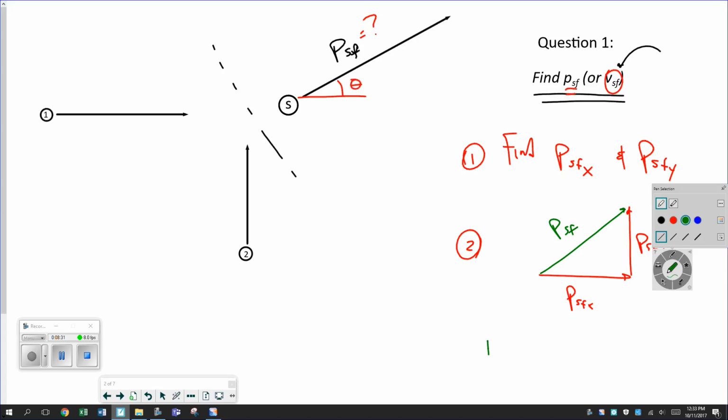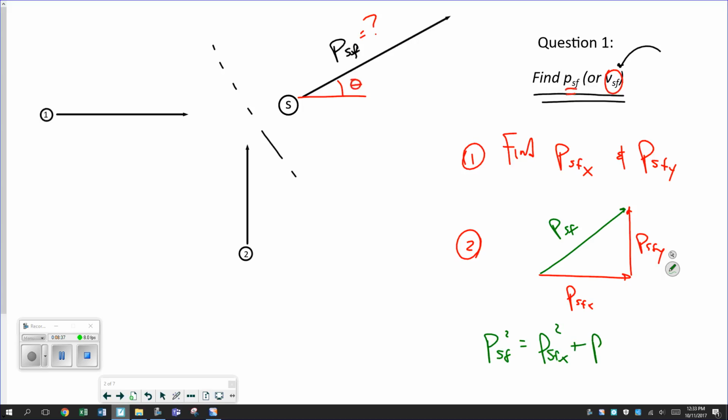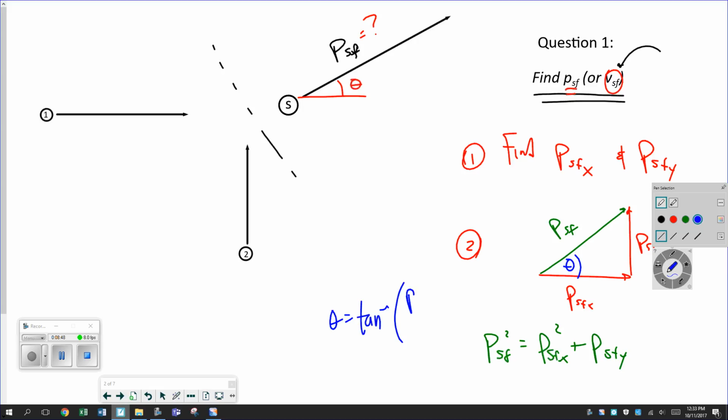I would use the Pythagorean theorem: P sys final squared is P sys final X squared plus P sys final Y squared. And then this angle theta is the inverse tangent of P sys final Y over P sys final X.